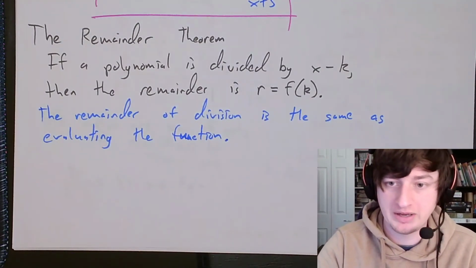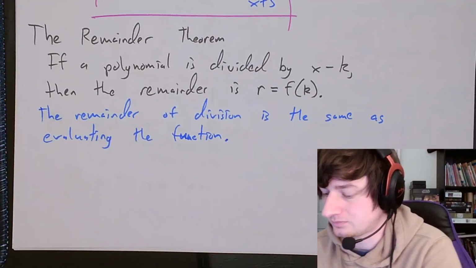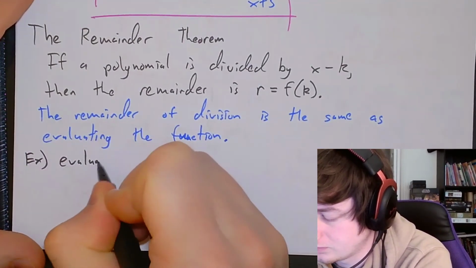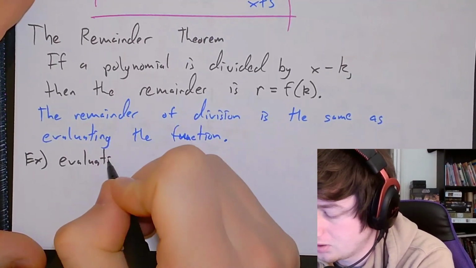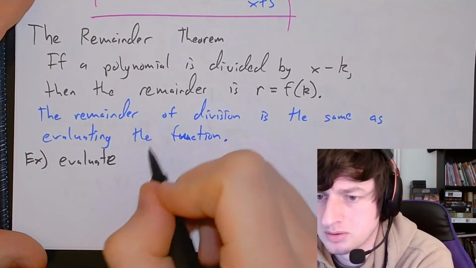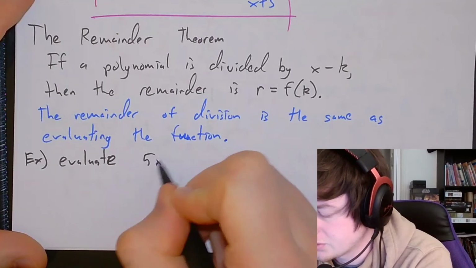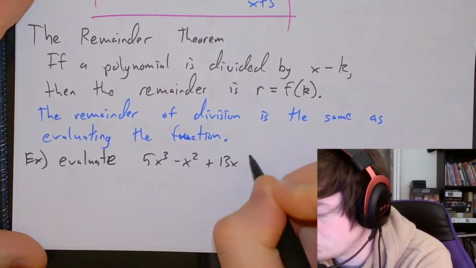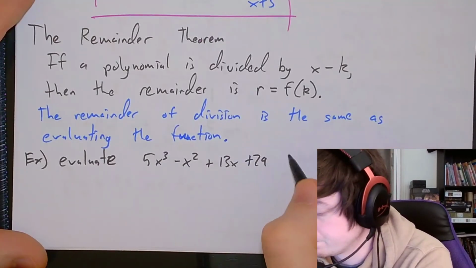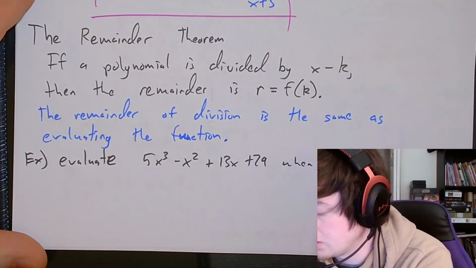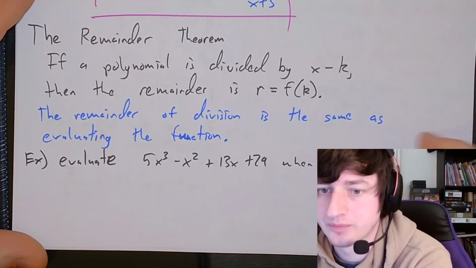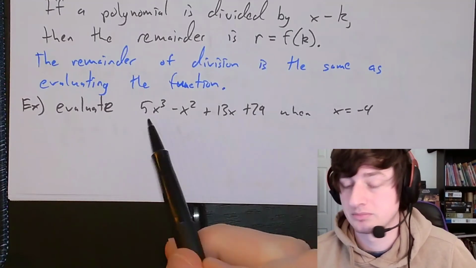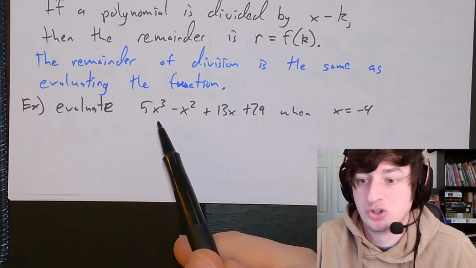So if we want to evaluate, I know it's a lot of writing, 5x cubed minus x squared plus 13x plus 29 when x equals negative 4, well, don't plug that in there and do negative 4 cubed.